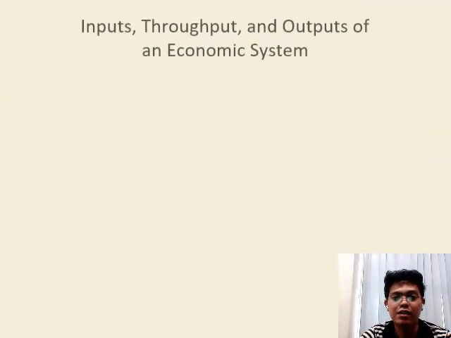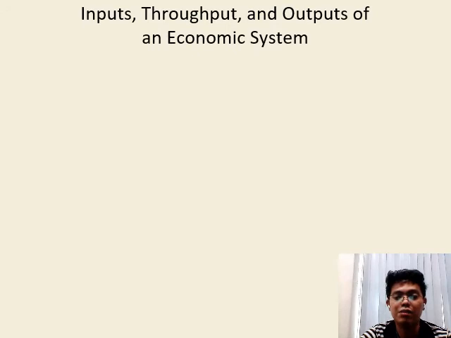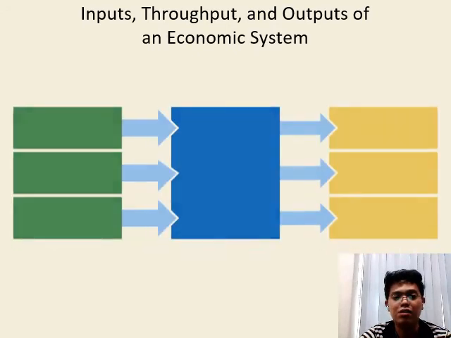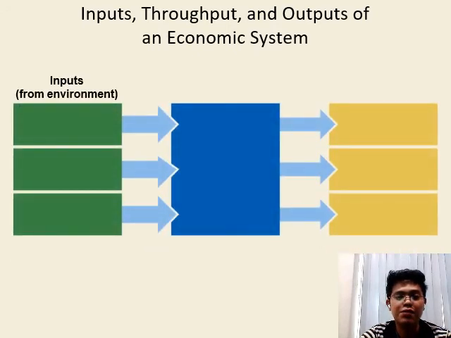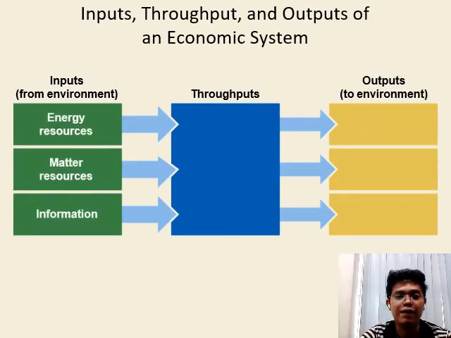This is a simple representation of the inputs, throughputs, and outputs of an economic system. We have inputs from the environment, then the throughputs, and the outputs to the environment. For example, we have energy resources, matter resources, and information as our inputs.